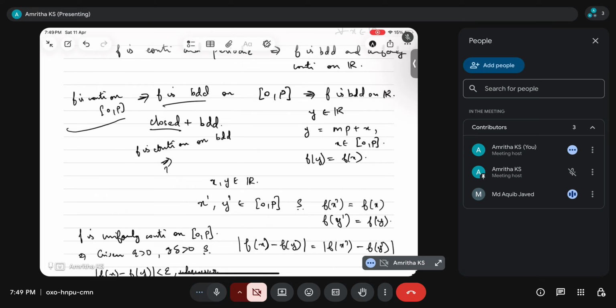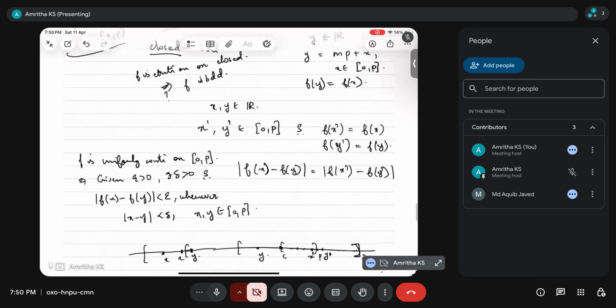No, it may not be bounded, because you take f on open 0 1 to r, f of x equals 1 by x. Yeah, good. Now if you take closed, but not bounded, it is also not unbounded. It is just taking identity function. Okay.